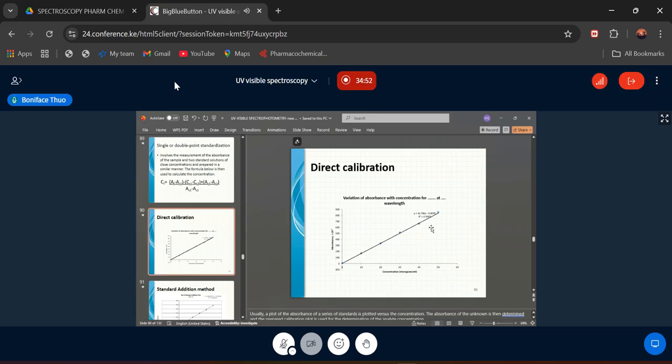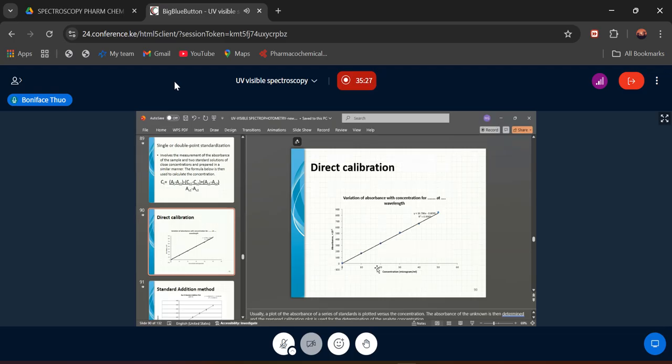We have a graphical representation of the absorbance of the standards, and then you measure absorbance. You can now use that absorbance of the sample to work out the concentration of the unknown. Alternatively, you can simply use the equation of the line, by plugging in the absorbance of the solution and directly calculating the concentration of the unknown. That is direct calibration method.